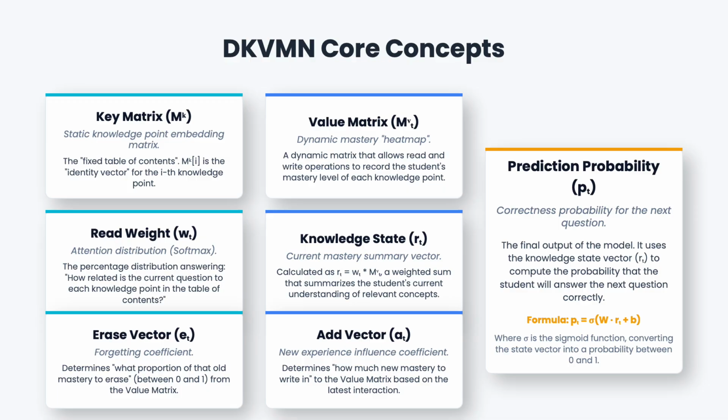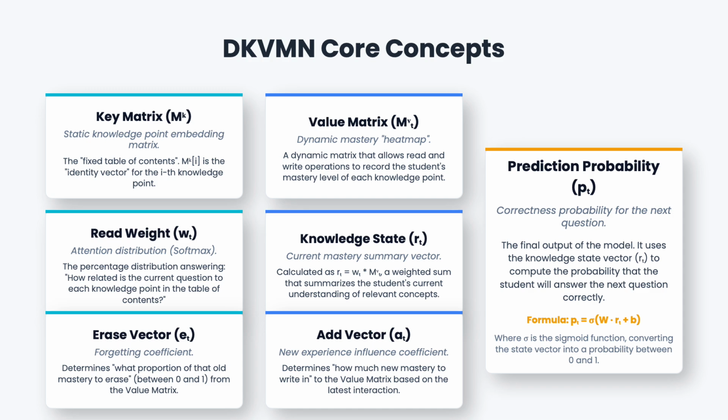When the model encounters a new question, it calculates a read weight, which is like our attention. It determines which entry in the table of contents we should look up. Then, the model reads information from the content page based on this attention weight to form a knowledge state, which is like a snapshot of our current knowledge level. Finally, when we learn new knowledge or get a question wrong, the model needs to update the notes.